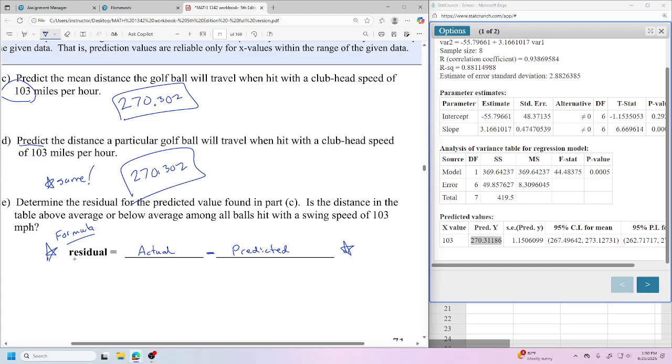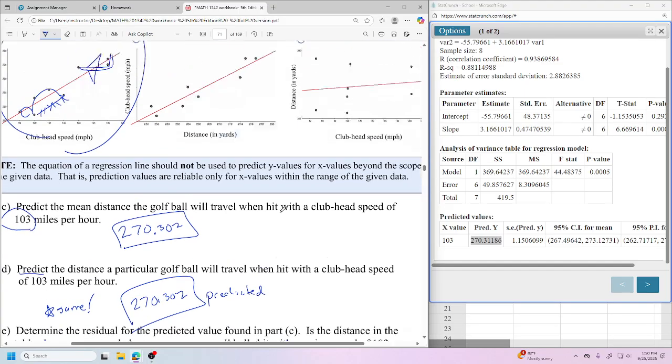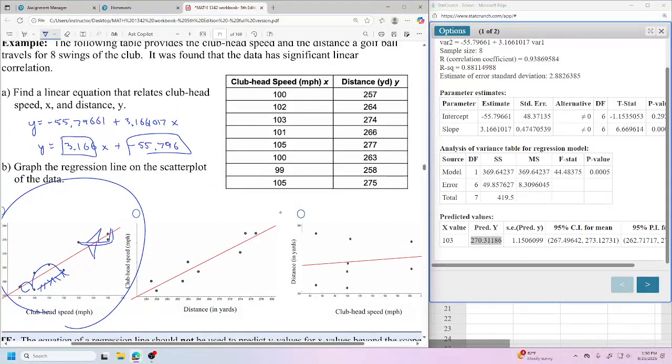You're just minusing, but I have to show you how that works. So it says determine a residual for this 103. Right here, this value was our predicted. Are we cool with 270 being the predicted? It said predict, and we got it. But if you scroll up to all the data, we had the 103 right here, and it had an actual, this is my actual, of 274.